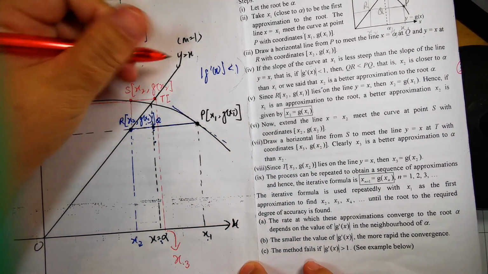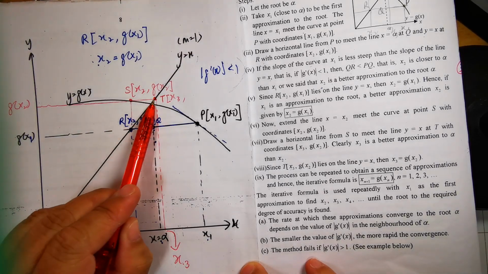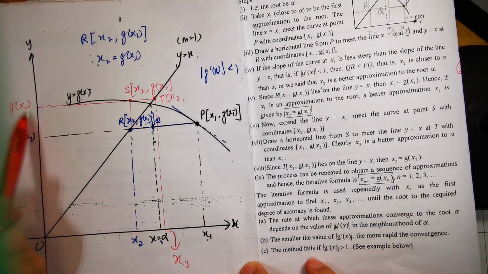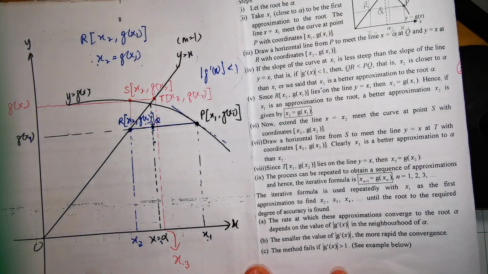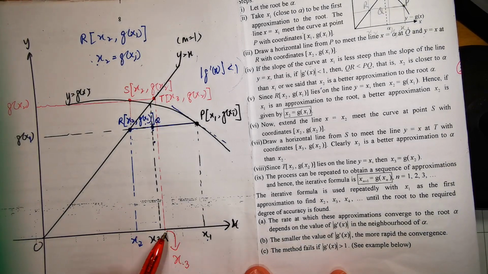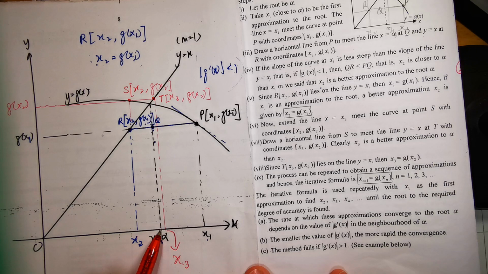So the coordinate for point T is x3, and the y coordinate is the same, which is g(x2). From here you see x3 is even closer to the actual root.